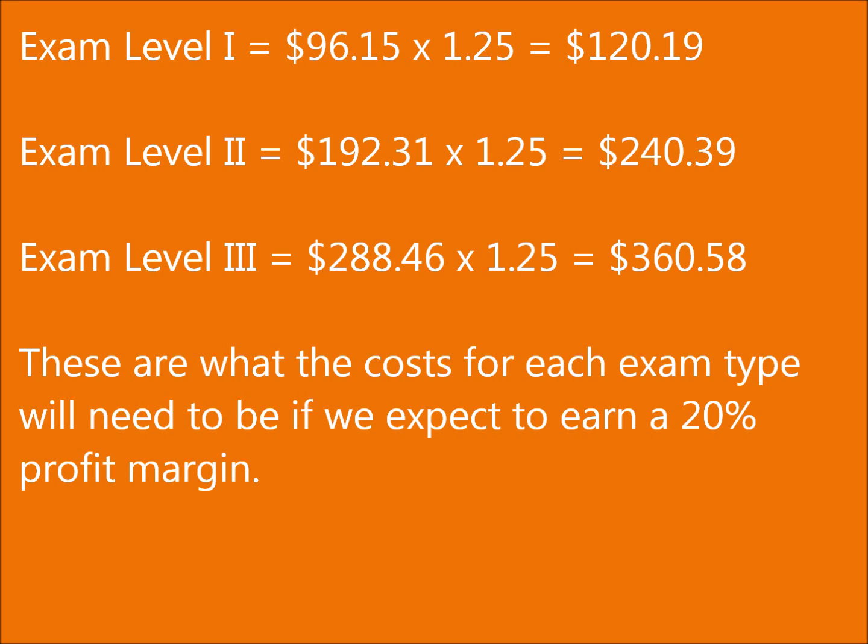For Level 2, we multiply it by $192.31 for $240.39, and for Level 3 we multiply the 1.25 by $288.46, which gives us $360.58. So these are what the prices for each exam type need to be if we expect to earn a 20% profit margin. I hope this explanation has helped.